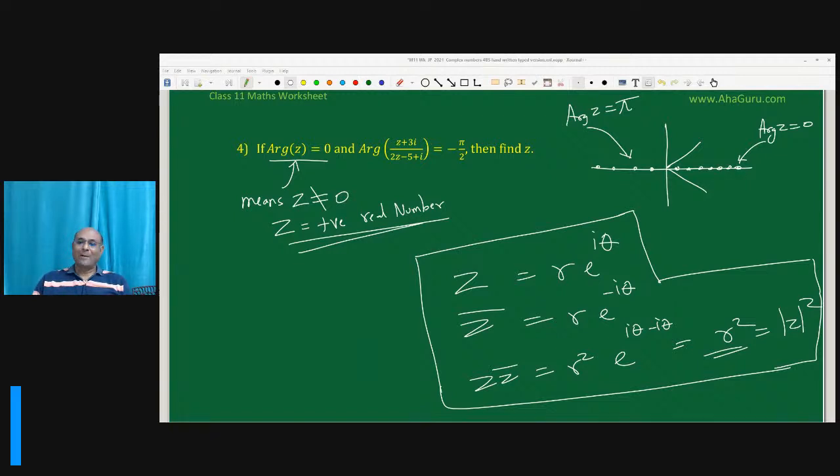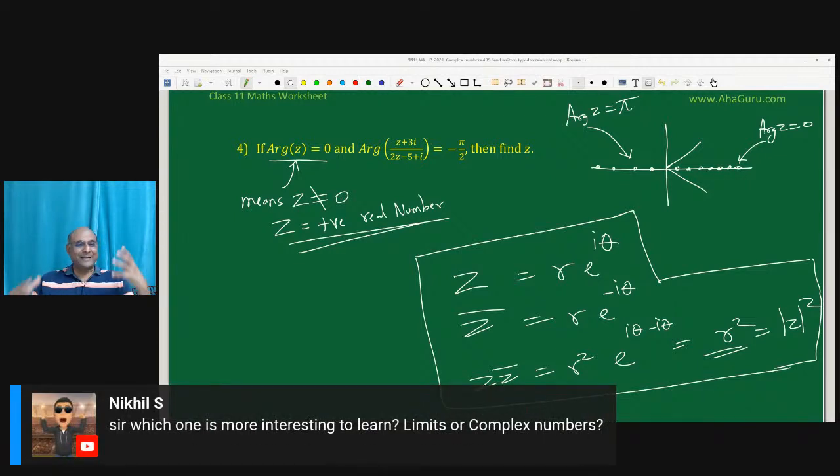Nikhil, complex numbers is very interesting to learn. It's good fun. And if you keep connecting it to coordinate geometry and vectors, you learn a lot. It is useful for algebra and for geometry. But limits is super important for the whole of calculus, the whole of functions.